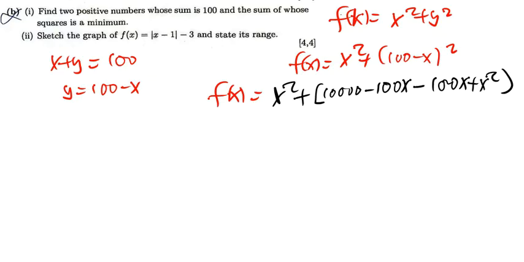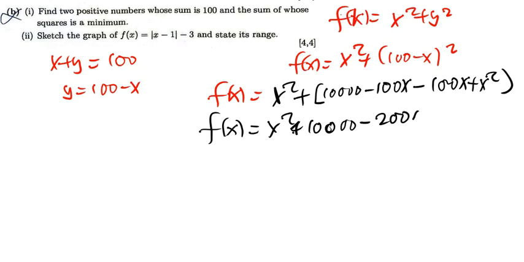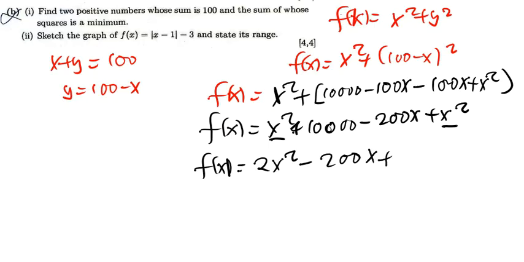I can now open the brackets. So I've got x squared plus 10,000. These two give me 200x, plus x squared. x squared and x squared add up to give me 2x squared, then minus 200x plus 10,000. So this is the function.